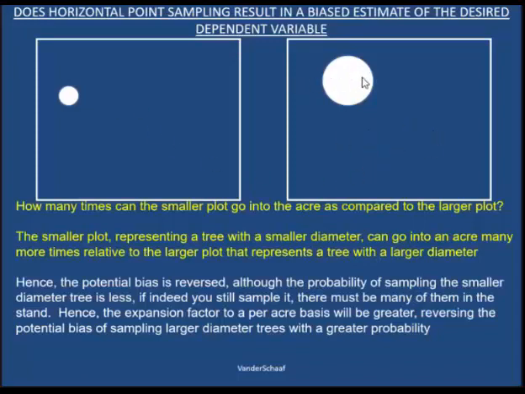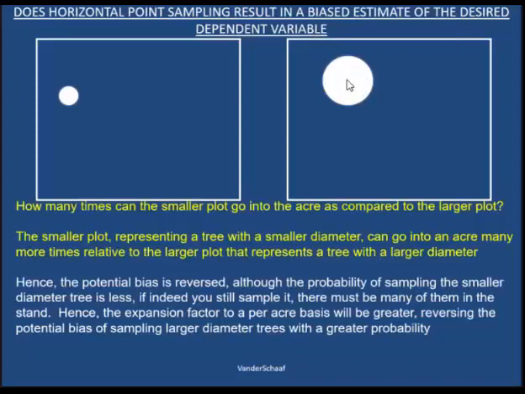The smaller tree or the bigger tree? Well, you should have randomly located points land in this larger tree's imaginary plot more than the smaller tree, and that's what we want.